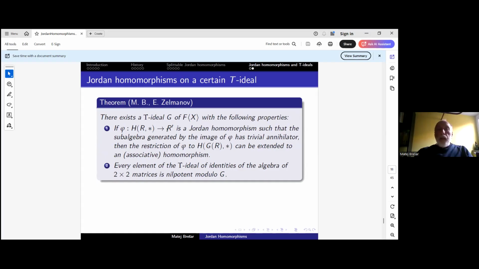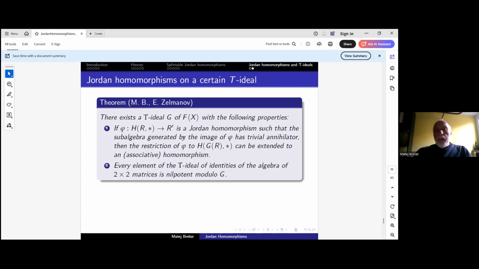So this is a T-ideal such that if we have a Jordan homomorphism on symmetric elements, then we can extend it on the evaluations on this T-ideal to an associative homomorphism. And this T-ideal is relatively big in the sense that every element of the T-ideal of polynomial identities of 2 by 2 matrices is nilpotent modulo it. So it's somehow a concrete T-ideal.